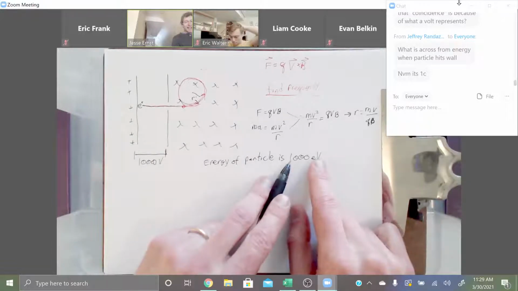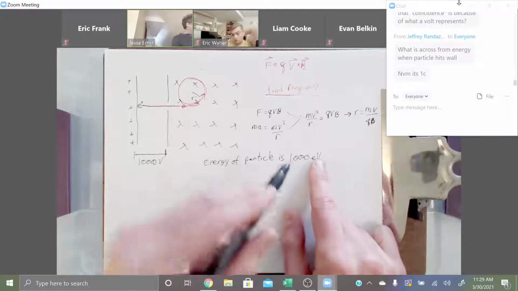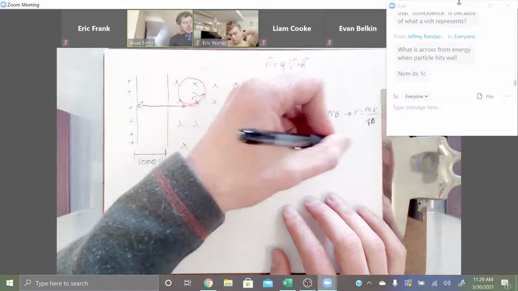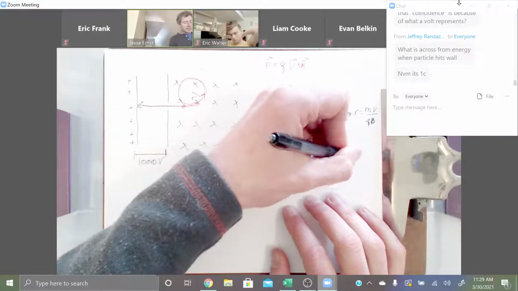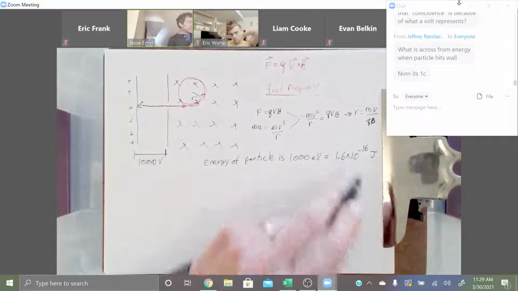You can convert that, and it's equal to 1.6 times 10 to the minus 16 joules. So that's the energy that it has in joules.